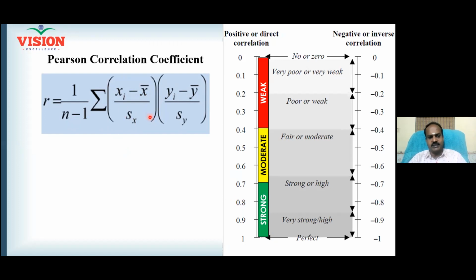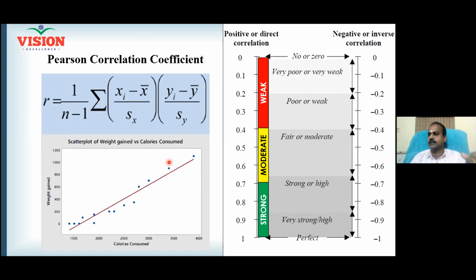Sx is the standard deviation of your X variable data. Sy is the standard deviation of your Y variable data. Xi and Yi are the individual values, right? So you can calculate, but you really don't have to worry. Software like Minitab and Excel can throw out the value.